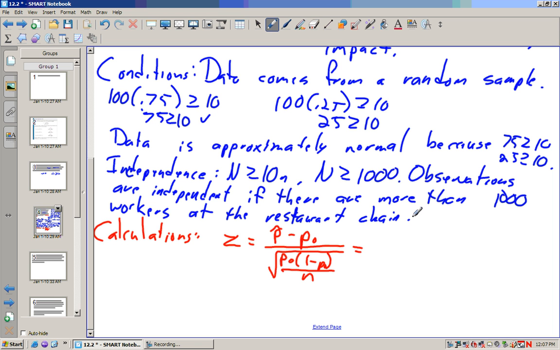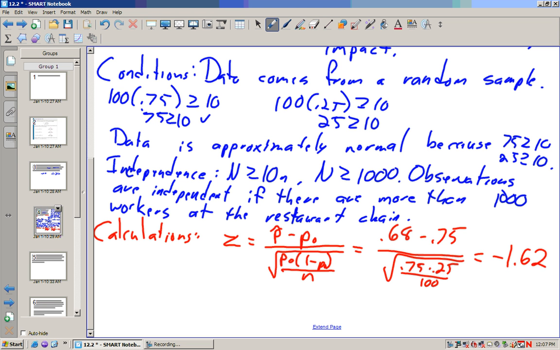So we got 0.68. We're going to subtract 0.75. Divide that by the square root of 0.75 times 0.25 over 100. Now enter this all into your calculator, and then I get negative 1.62.